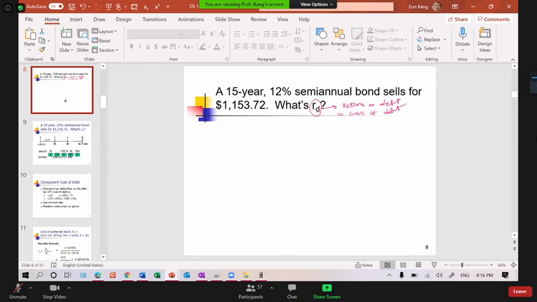Then given this problem, actually, this is your company's bond. And you are paying a 12% semi-annual coupon. So my question is: is 12% RD? 50% chance of being correct.